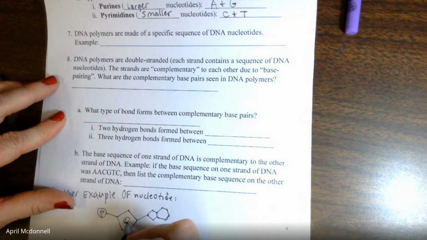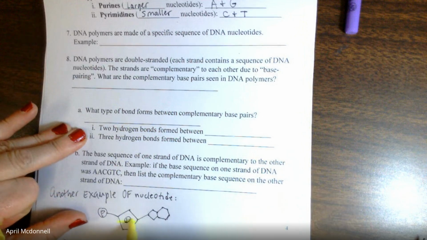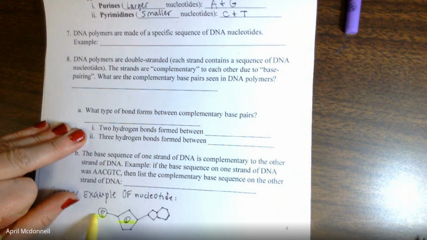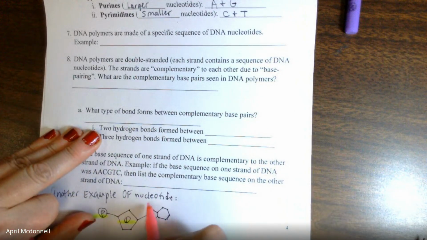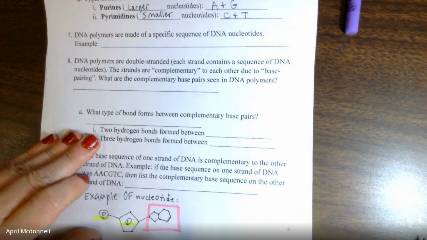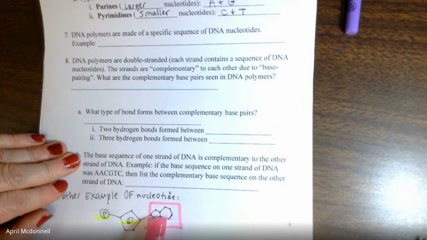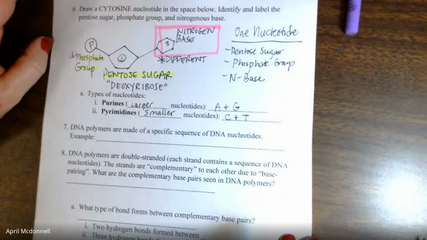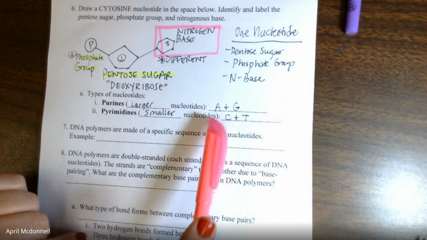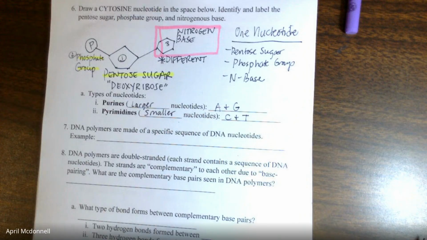All nucleotides contain a pentose sugar, all nucleotides contain a phosphate group, and the only thing that is different between the nucleotides is the nitrogenous base. Nucleotides that are made of 2 rings that are fused together in the nitrogenous base are considered larger nucleotides. Those nucleotides are specifically adenine and guanine, which we're going to go ahead and call purines. Purines is the term that describes the larger nucleotides.